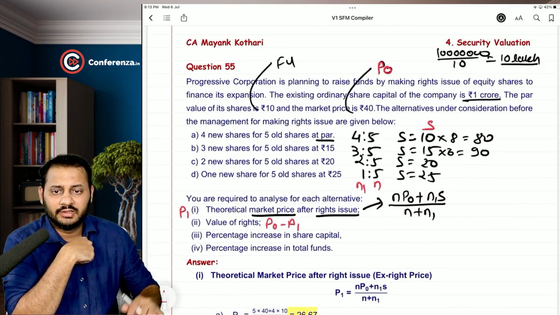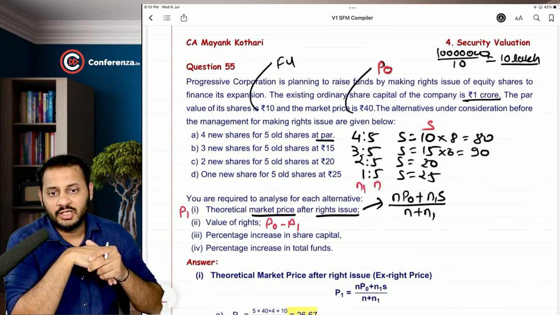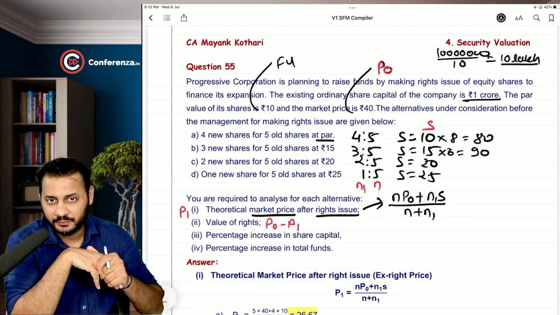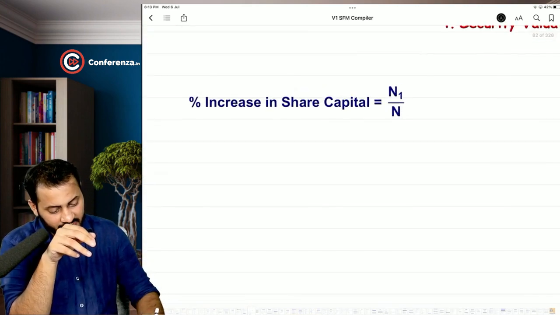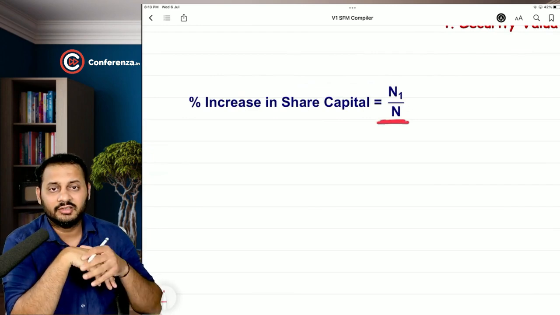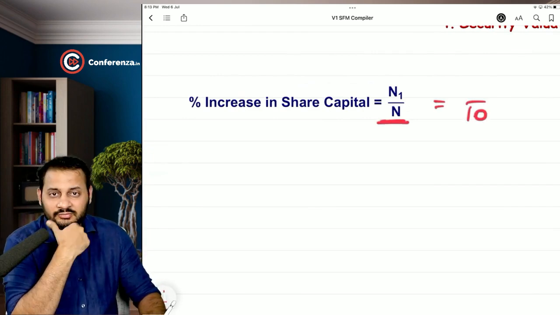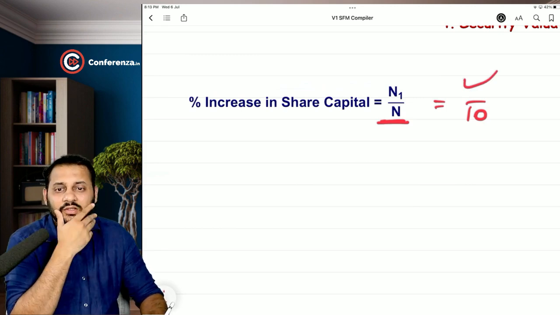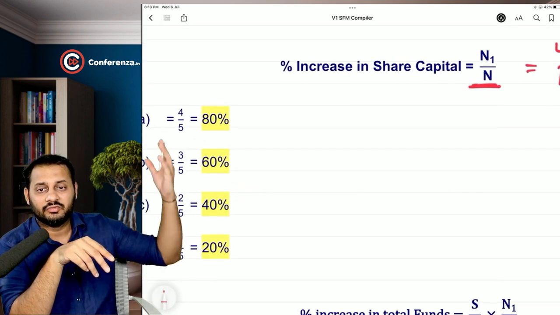Okay. Then percentage increase in share capital. This is something new. How much percentage has the share capital increased? The existing share capital is 1 crore. The increase in the share capital is nothing but the number of new shares that you have issued, and N1 is nothing but the ratio itself.